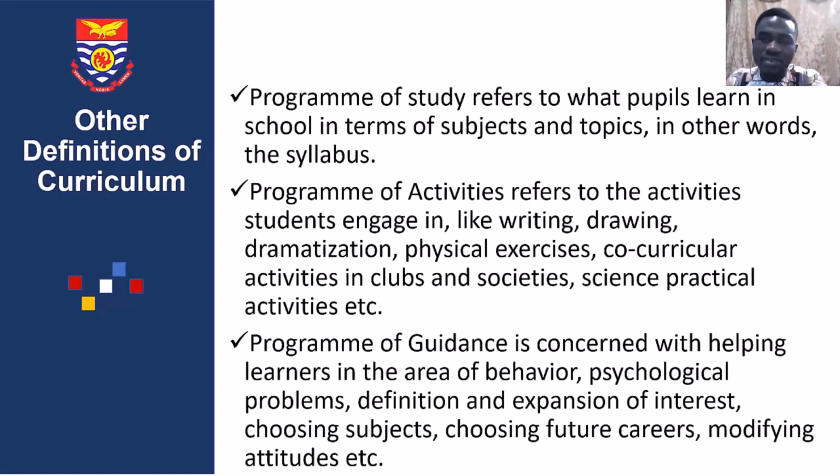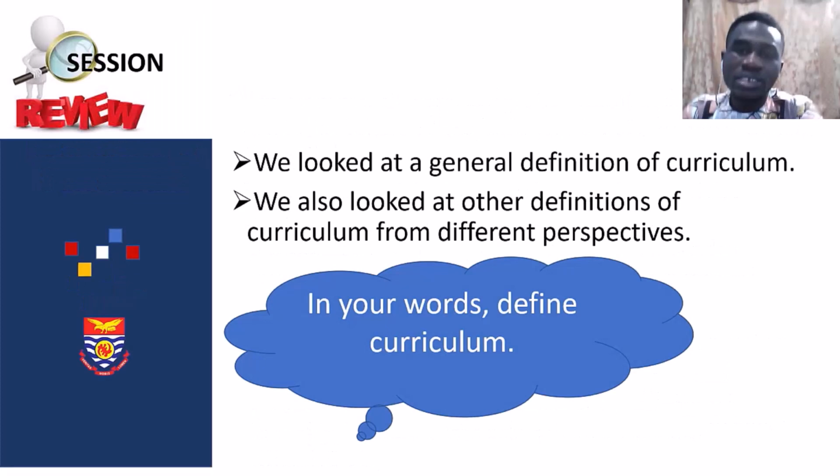Now we have looked at a general definition of curriculum, and we have also looked at definitions given by different authorities. We saw that the generalized definition was given by Kenneth, and then other perspectives, we had definitions from Negley and Evans.